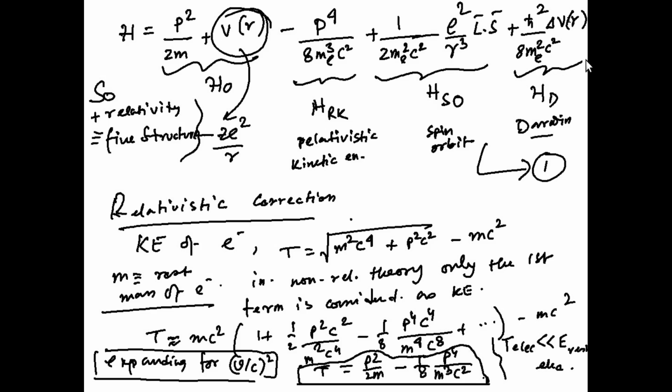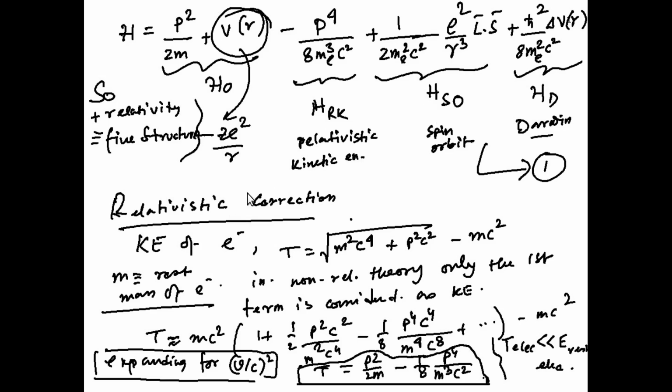Then there is another term, the Darwin term, and a full and proper treatment of this term involves the Dirac equation. So I will not discuss this term in detail, but I will discuss the first two terms to some extent.